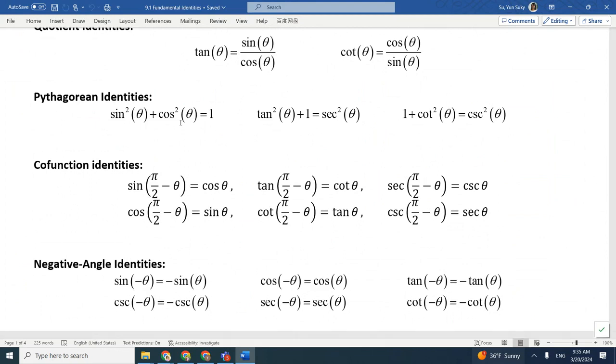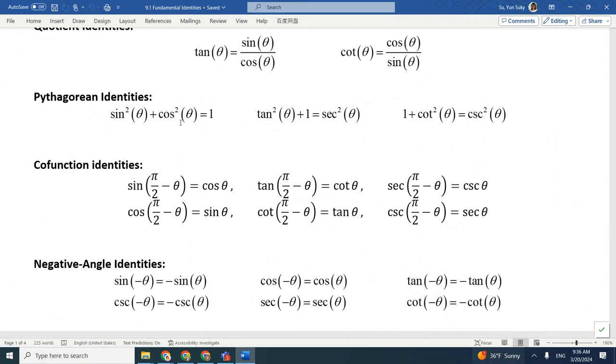So, how about these? The cofunction identities. Remember theta and 90 degrees minus theta? They are complementary angles. Do you still remember complementary angles and supplementary angles? Complementary angles, you add together, you get 90 degrees.